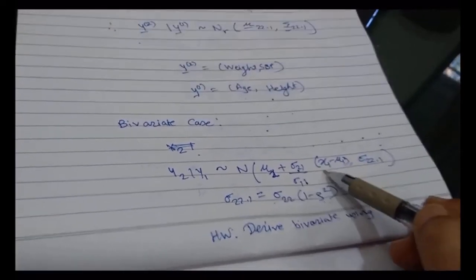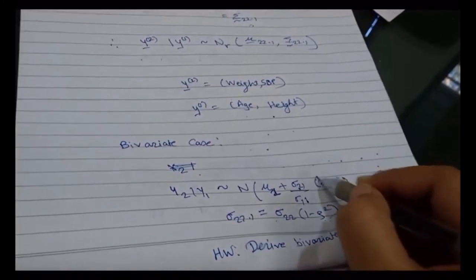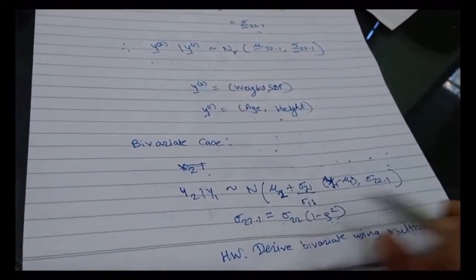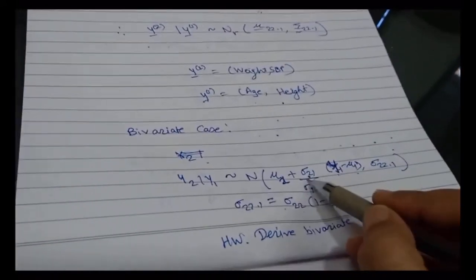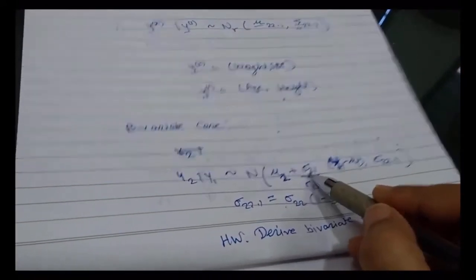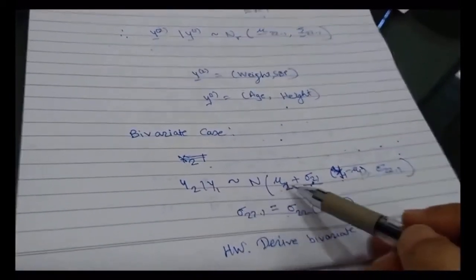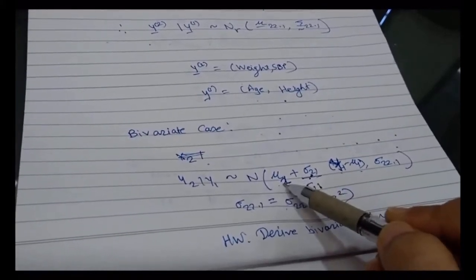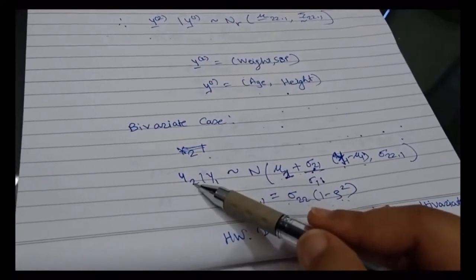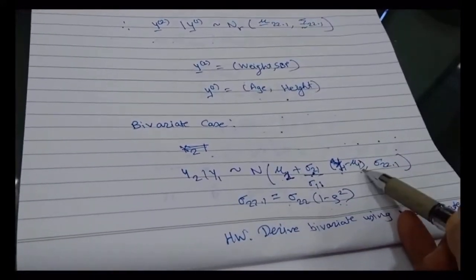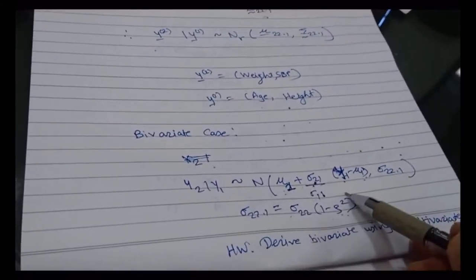Suppose x1, the given value, is above average and the covariance is positive; then the conditional mean is mu2 plus some positive quantity. So the conditional mean is higher than the marginal mean. So if two components are positively correlated and one of them has an above average value, then the second one is also expected to have an above average value.